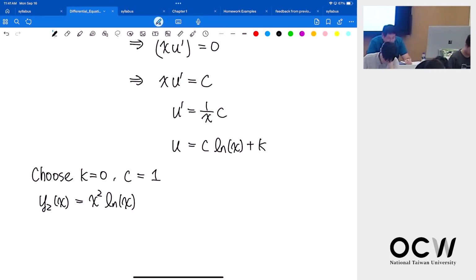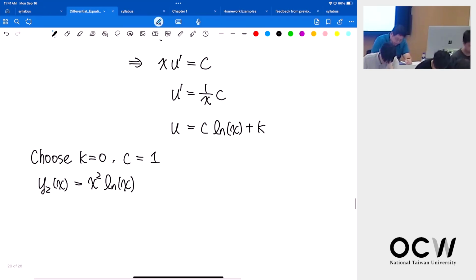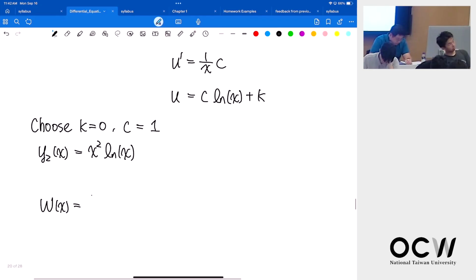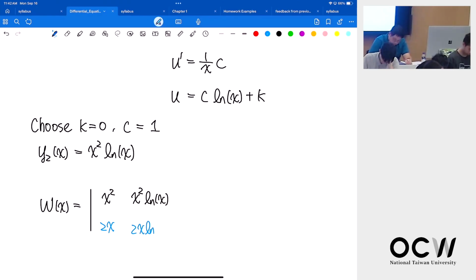Now we need to confirm, make sure that y1 and y2 are linearly independent. Then those two solutions will be the fundamental set of solutions. Okay, so to check if they are linearly independent or not, use the Wronskian test again. x squared, natural log x. And take the derivative, we get 2x. The second term, 2x natural log x, the chain rule, so plus x. This one is x cubed, not 0.